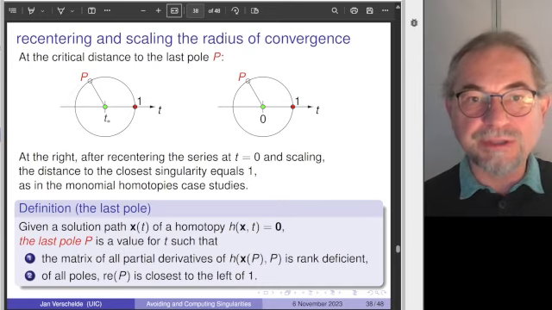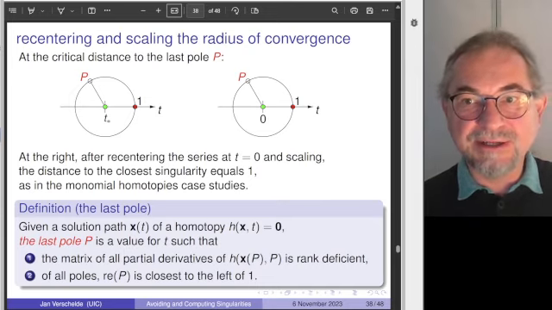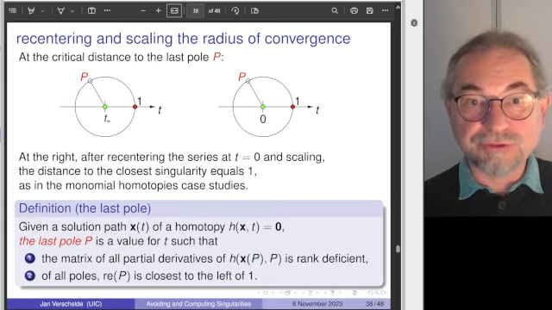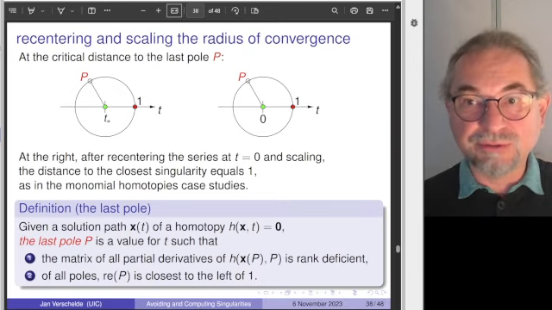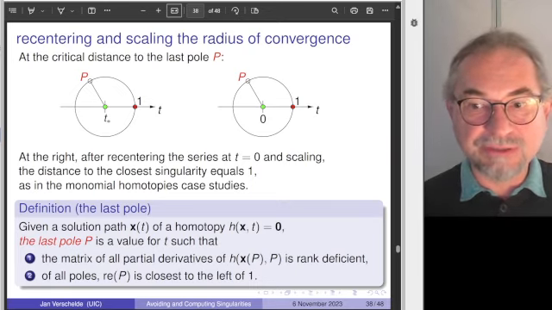So at some point you notice that you go closer and closer to 1, and if you are actually going to a singularity, you notice that the step size gets smaller.